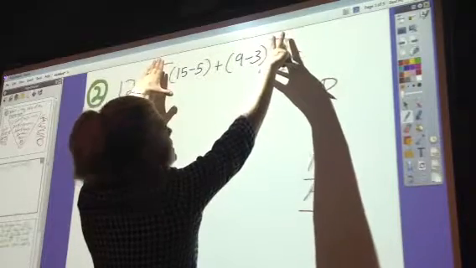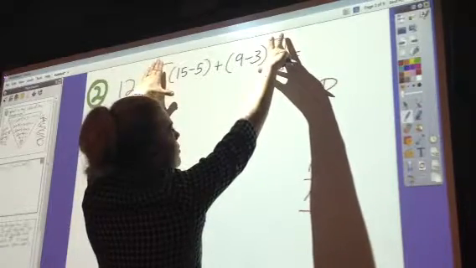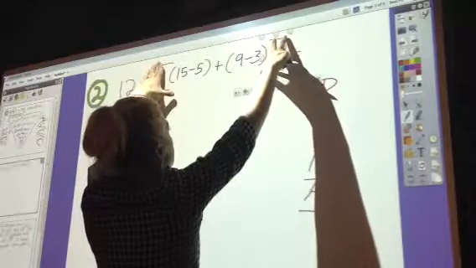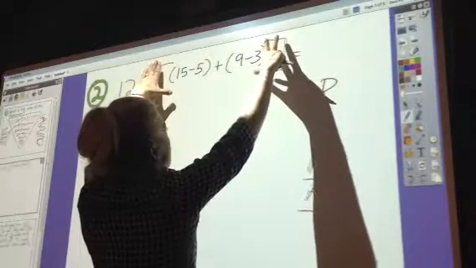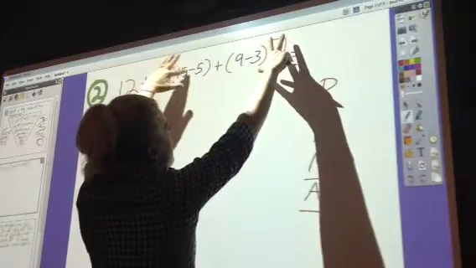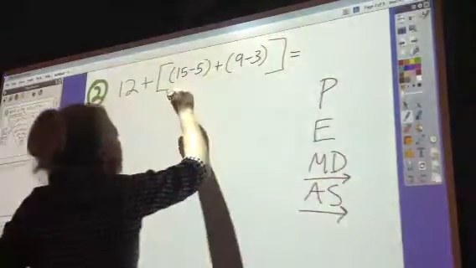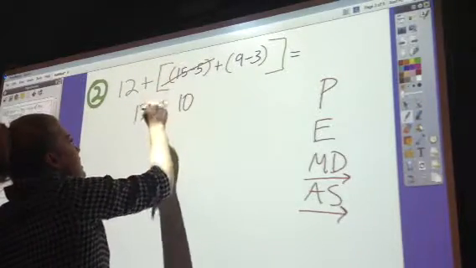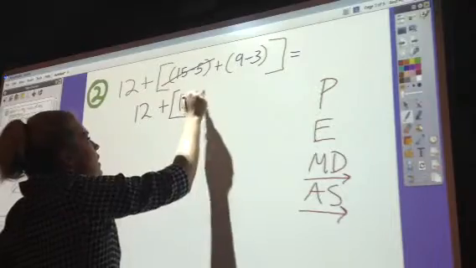I've got parentheses here, brackets, I'm going to cover those up. If what was inside the brackets was a problem all by itself, then my problem would be inside parentheses 15 minus 5 plus inside parentheses 9 minus 3. I would do this set of parentheses first. That answer is 10. Crossing that off, bringing everything else down.